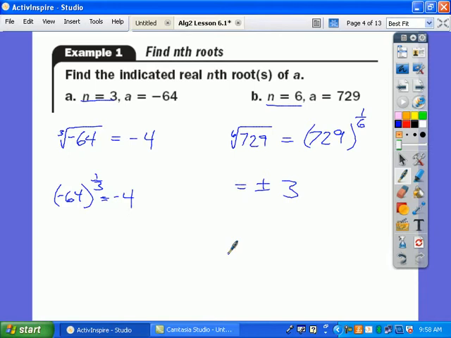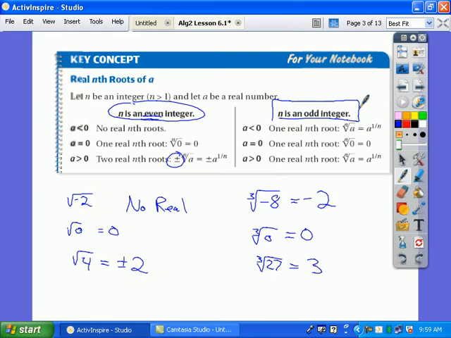But negative 3 also will do that, because negative times negative will be positive, negative times negative will be positive, negative times negative will be positive, and we'll have a positive 729. And this last slide tells us that if we're taking an even integered root, I expect 2 cases.